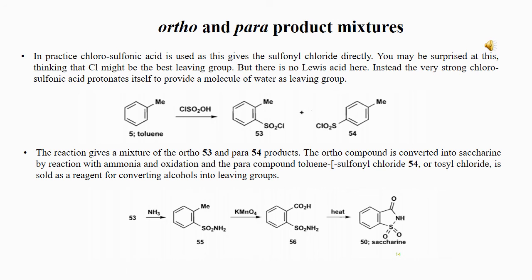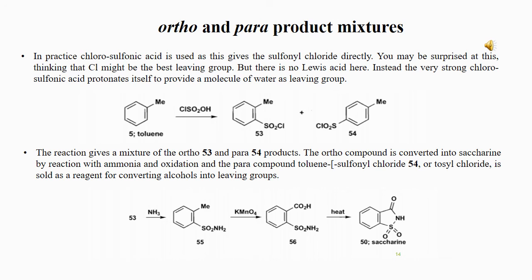Now the reaction gives a mixture of ortho 53 and para 54. The ortho compound is converted into saccharine by the reaction with ammonia. So if we do the reaction of 53 with ammonia, then that Cl is replaced by ammonia.